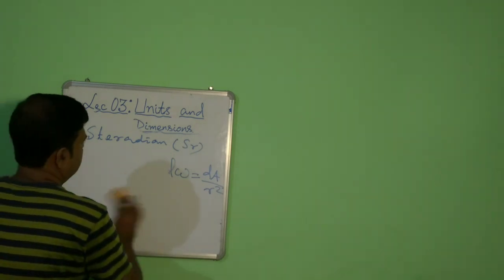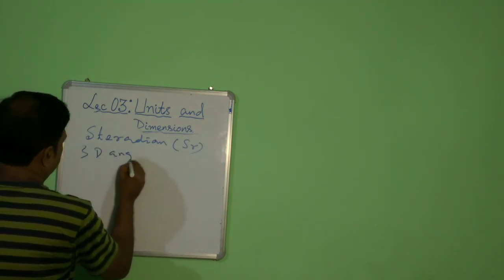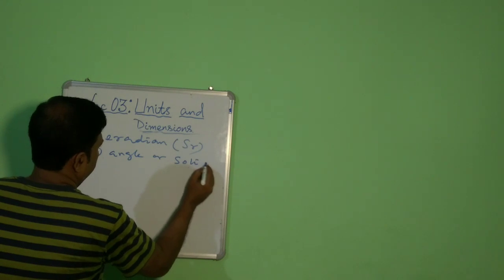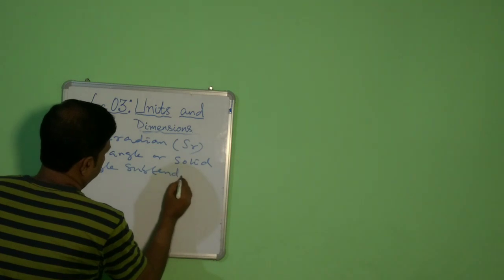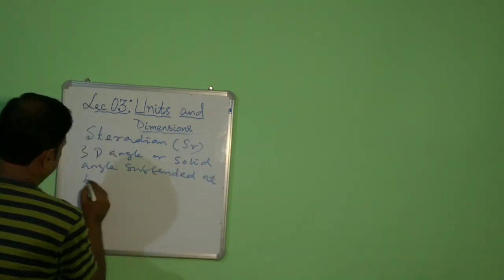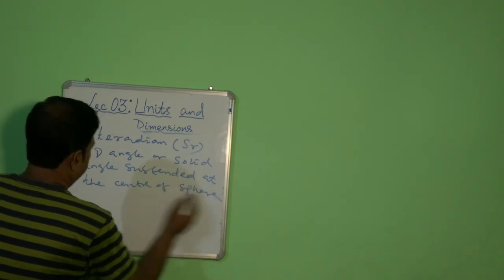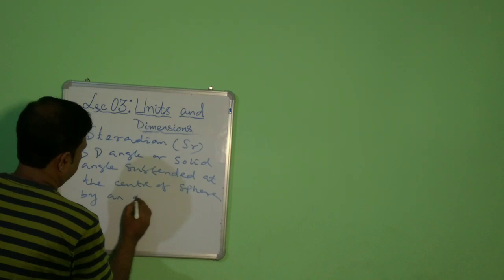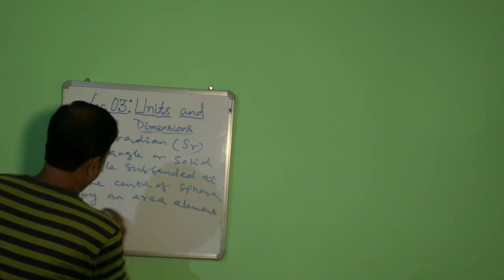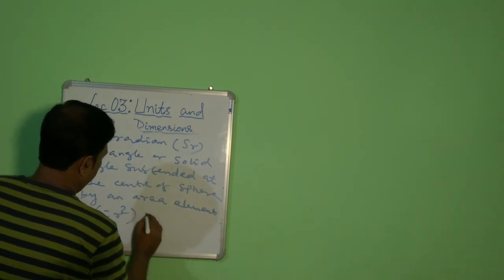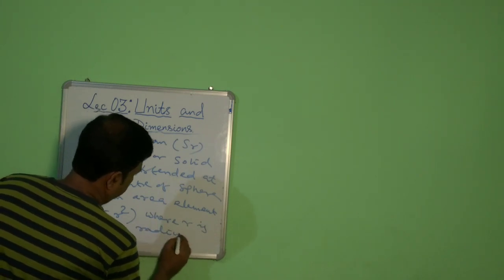So steradian can be defined as the 3D or solid angle subtended at the center of a sphere by an area element equal to r square, where r is the radius of the sphere.